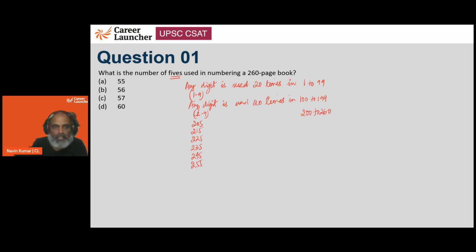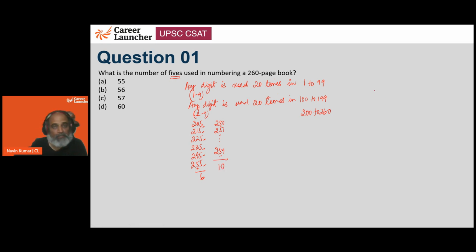We are only looking at the units place 5s, not the tens place 5 that we have in 255. So 5 appears 6 times in the units place. If you look at the tens place, we will have the numbers 250, 251, and so on up to 259. This is going to occur 10 times.